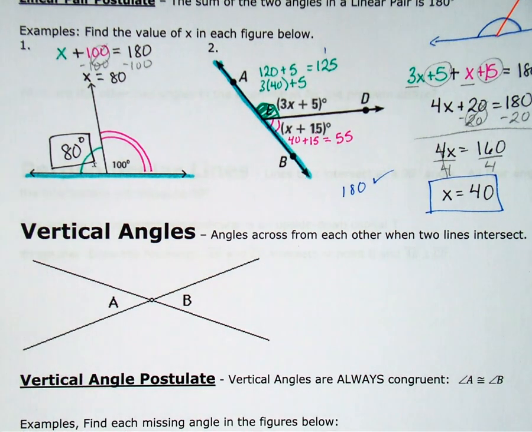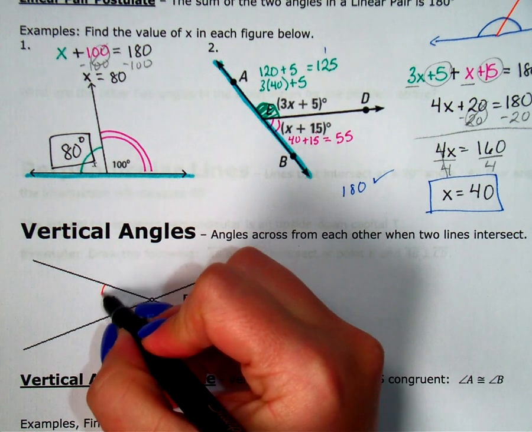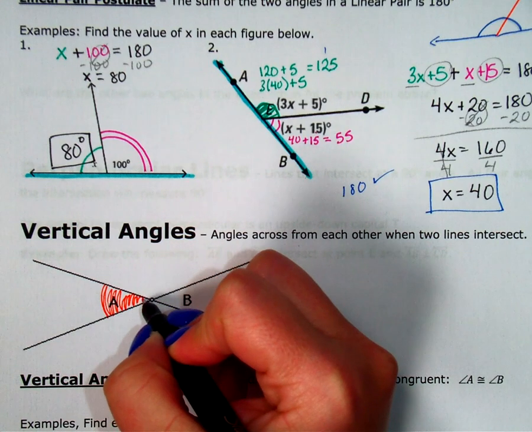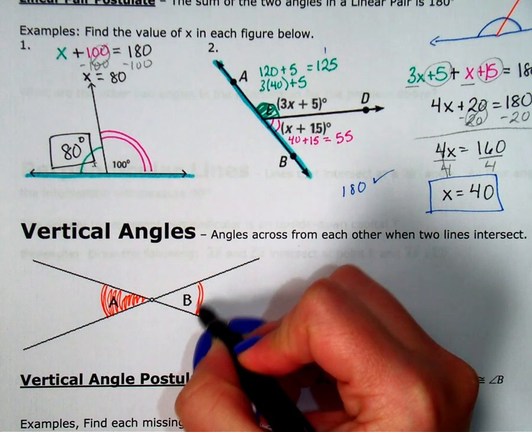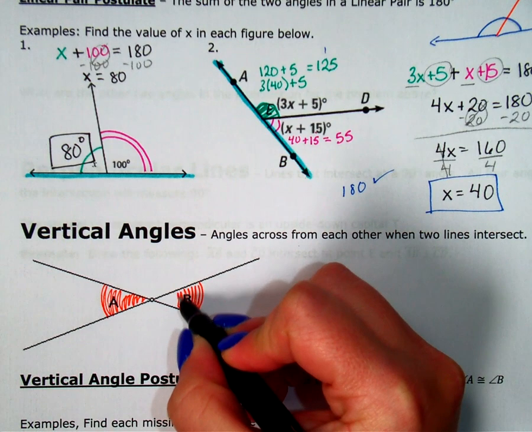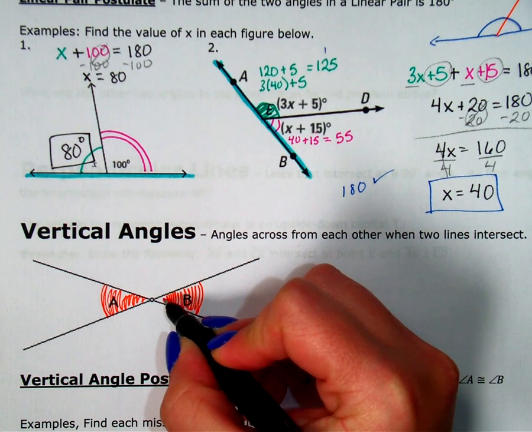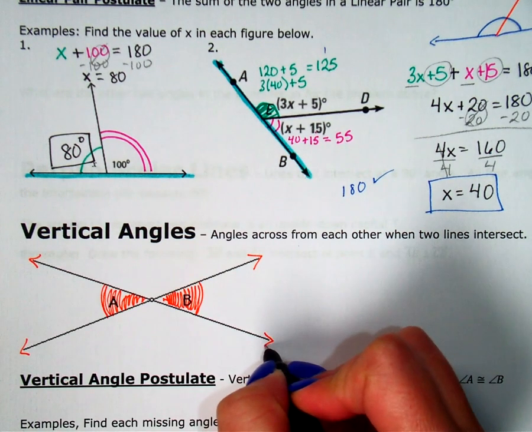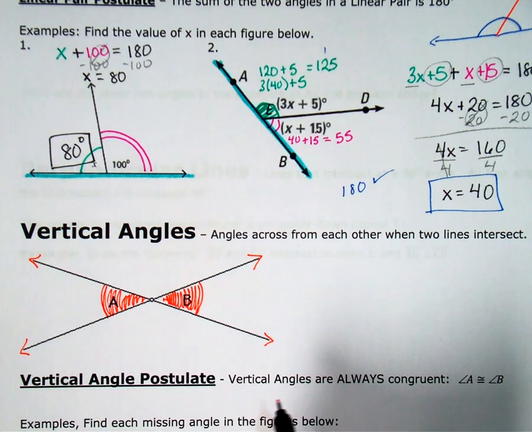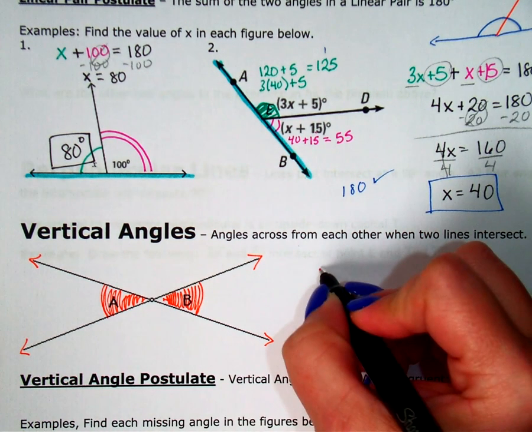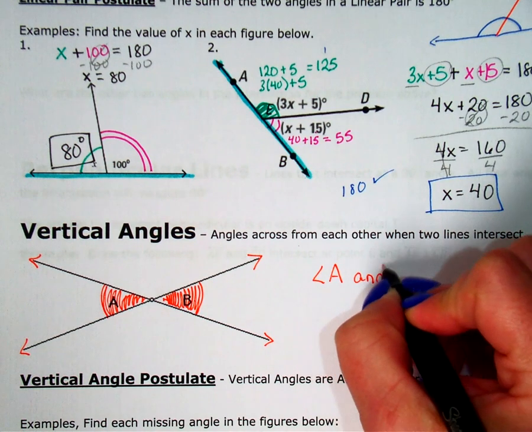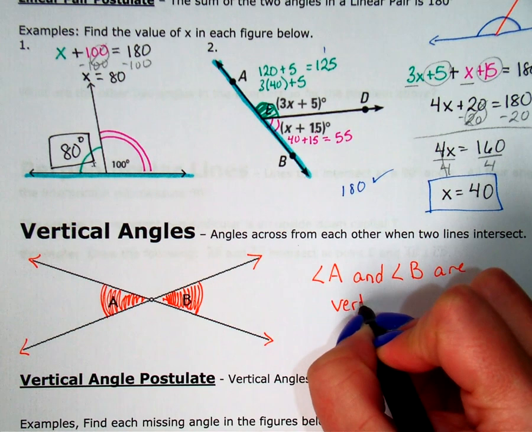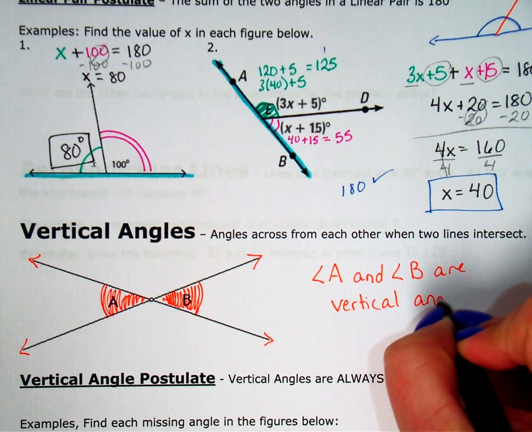So if I look at this figure, when I look at angle A and I look at angle B, those two angles are across from each other when I have two lines intersecting each other. Okay, so angle A and angle B are vertical angles.